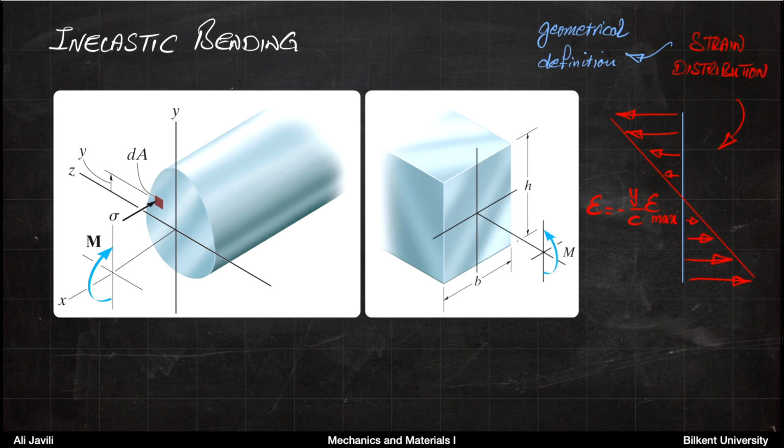But the linear distribution of the strain is a geometrical definition. So this is basically what we had at the beginning. This is where we started from, and this comes from the geometrical assumptions that are associated with this type of problem. So we assume there is a neutral axis, and then we had a linear strain distribution as given here.